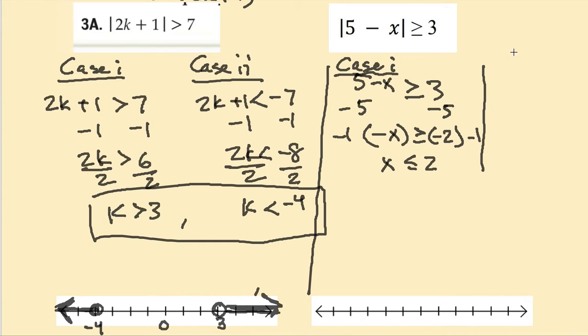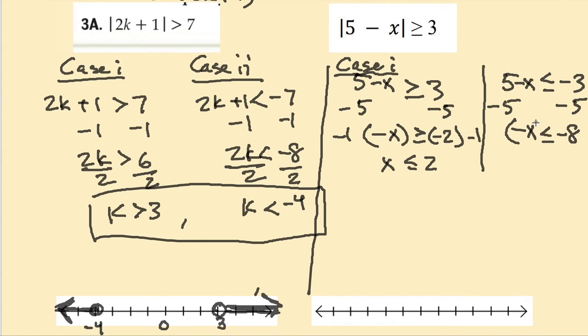And then for my other case, we're going to try that trick we just learned, where we go 5 minus x, write it the same way, turn the sign around, and then make it negative. All right, so again, start out by subtracting 5. You get negative x less than or equal to negative 8 this time.